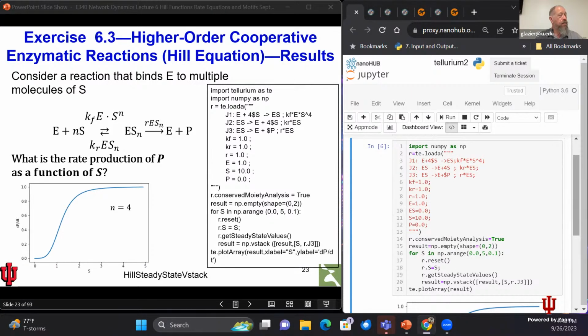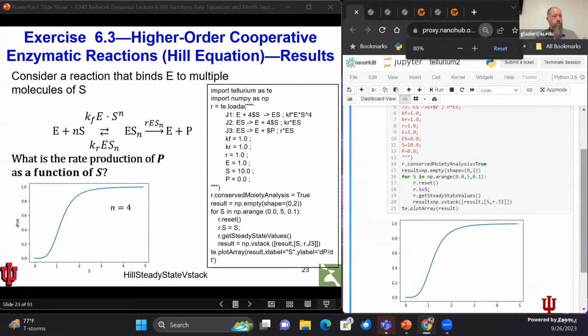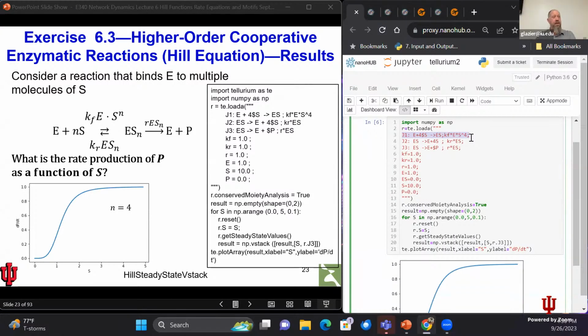Okay. Do people have this working or not? Do people need more time? Let me know when you're ready. I didn't put the access labels in my hand typing. Okay, so in line 3, we're saying that the enzyme binds 4 molecules of S simultaneously.